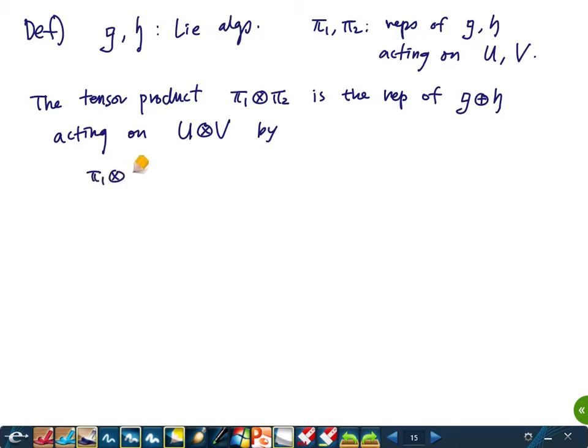The following rule is the previous rule: x comma y goes to pi 1 x tensor identity plus identity tensor pi 2 y.